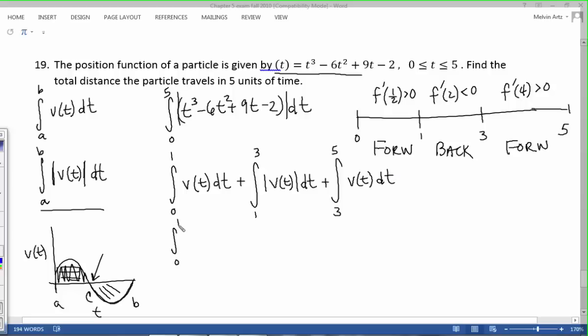Our velocity function, we found our velocity. Let me rewrite it up here. Our velocity equals 3t squared minus 12t plus 9.